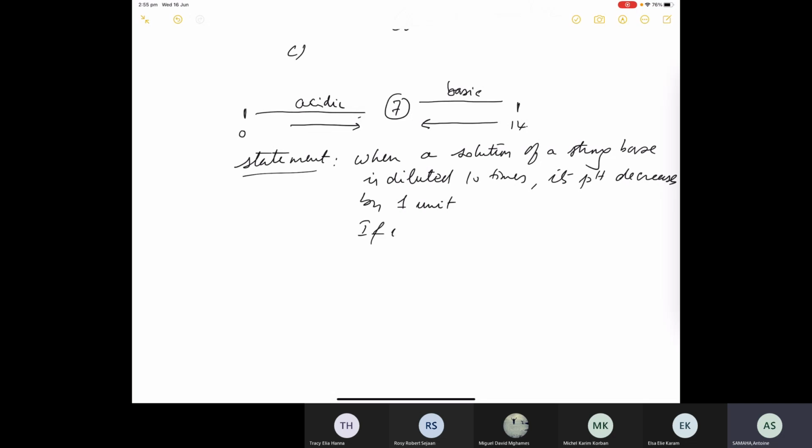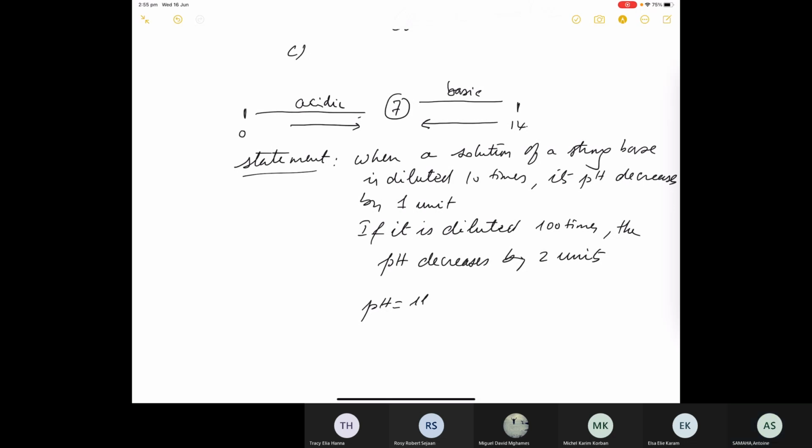If it is diluted 100 times, the pH decreases by 2 units. So the pH becomes 11 minus 2, equal to 9.